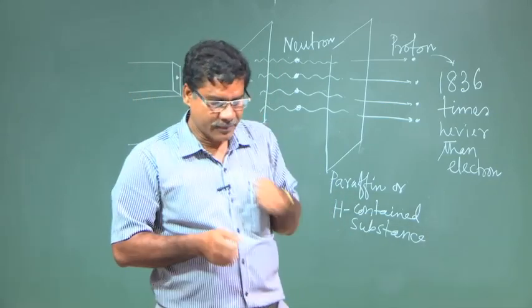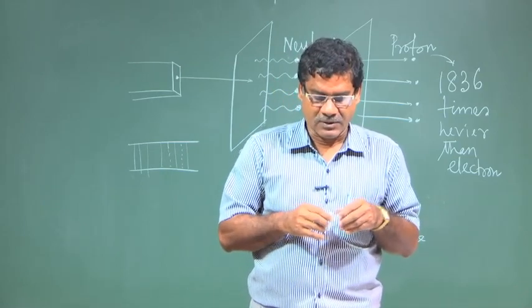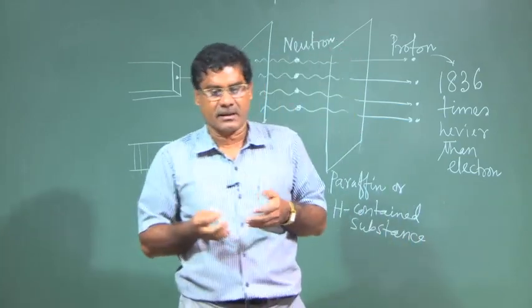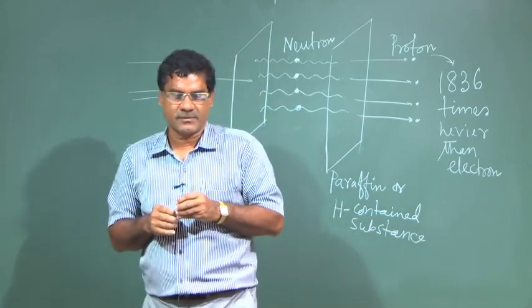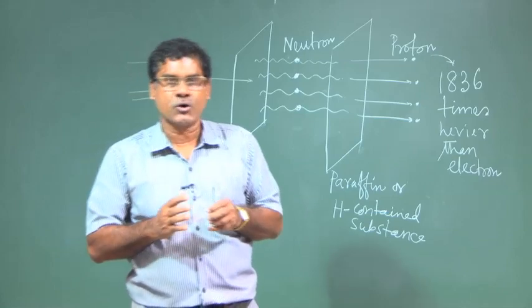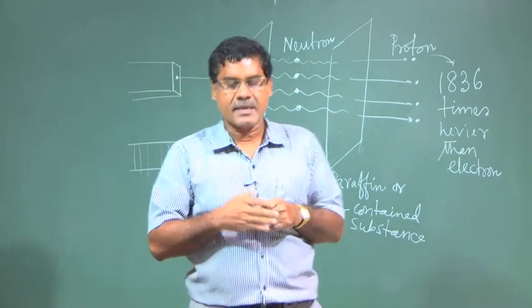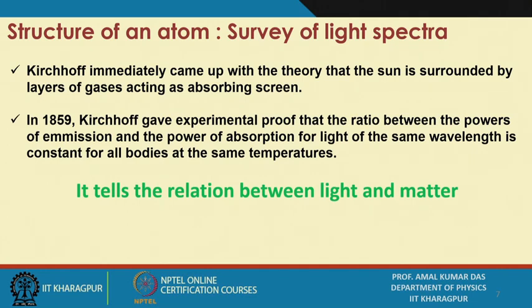Kirchhoff also gave experimental proof in 1859: the ratio between the power of emission and the power of absorption for light of the same wavelength is constant for all bodies at the same temperature.